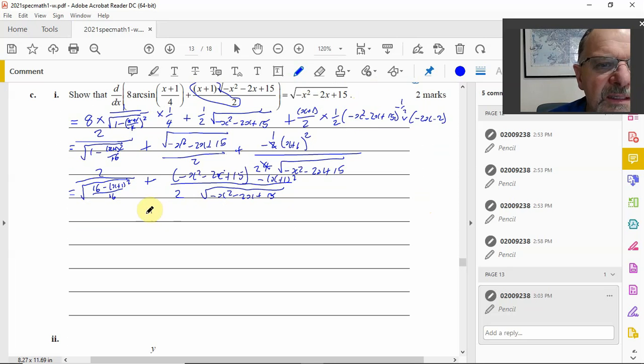Because what I can do then is that is 16 minus (x plus 1) squared, minus another (x plus 1) squared, all over 2, square root of 16 minus (x plus 1) squared.